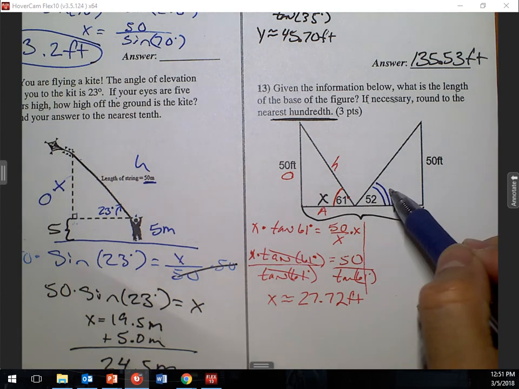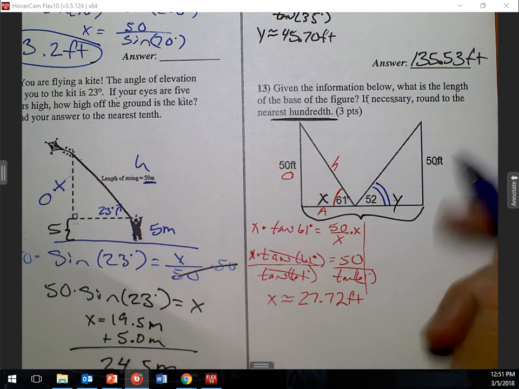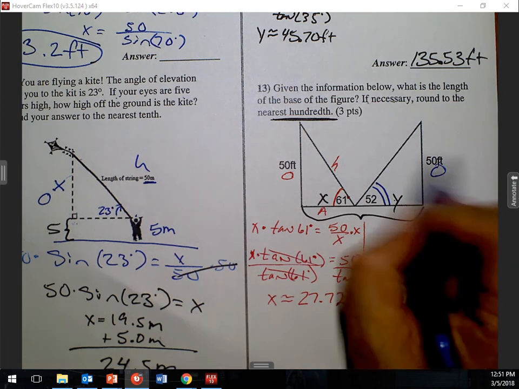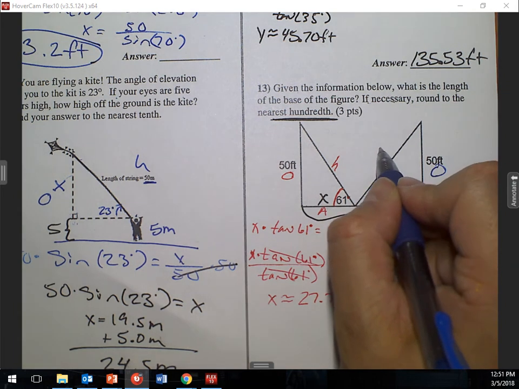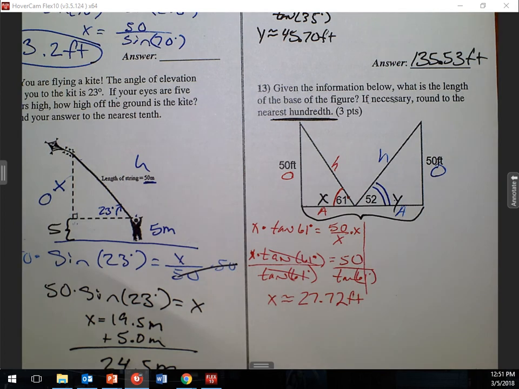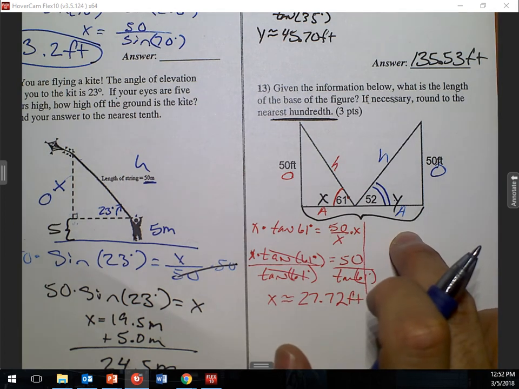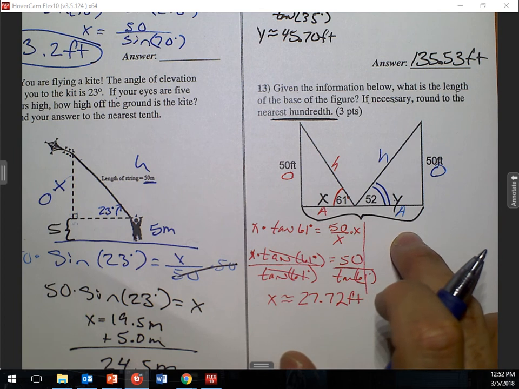Alright, so from this angle right here, this side is the opposite. Very good. So O. What's this one over here? And down here? That's what I'm looking for. What are we working with again? Tangent. Very good.